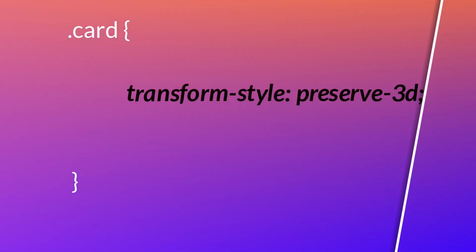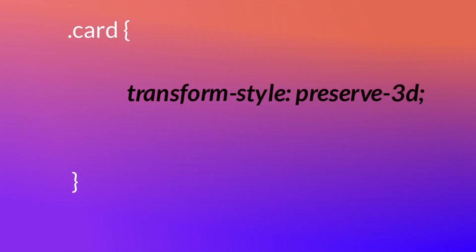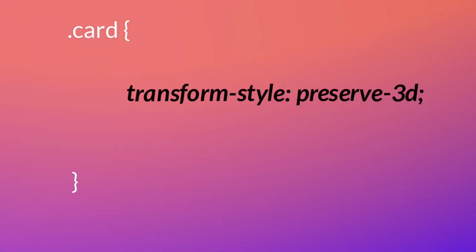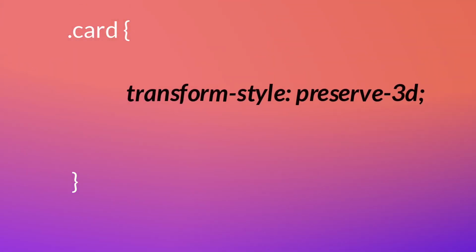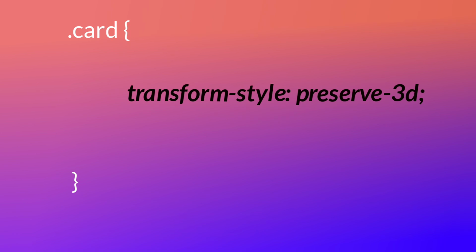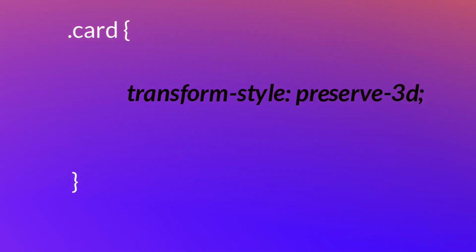Next, we will add two properties to the card CSS class. The first one is transform-style: preserve-3d. The transform-style preserve-3d CSS property is used in 3D transformations to ensure that child elements are rendered in 3D space rather than flattened into 2D of the parent element.